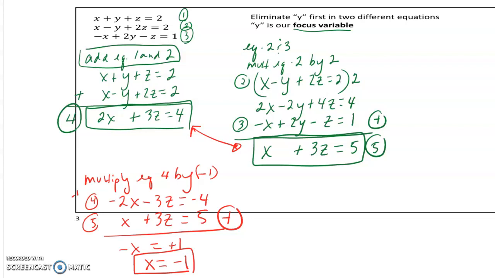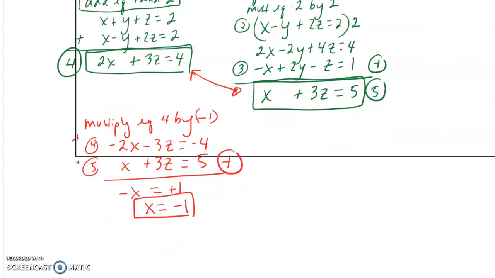Once I get one of the variables that I've worked for, I'm going to plug that back into either equation 4 or 5. If I plug it into one of the original equations, I'm still going to be left with two variables and I still can't solve it. So I'm going to substitute x equals negative 1 into equation 4 or 5, and it makes no difference.